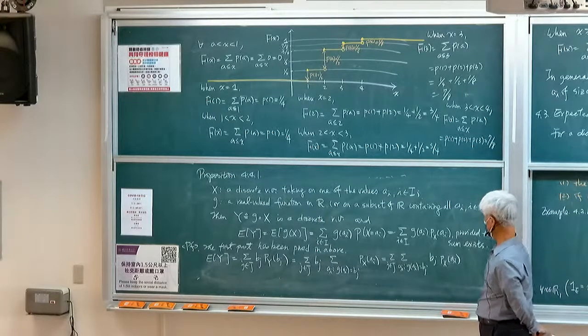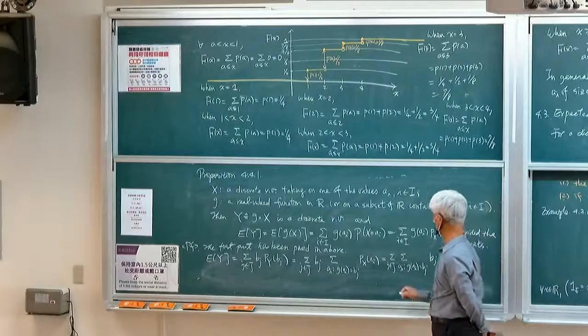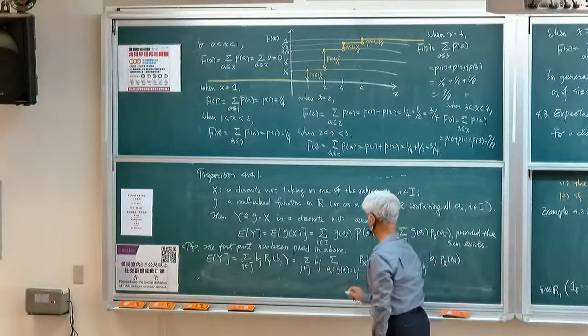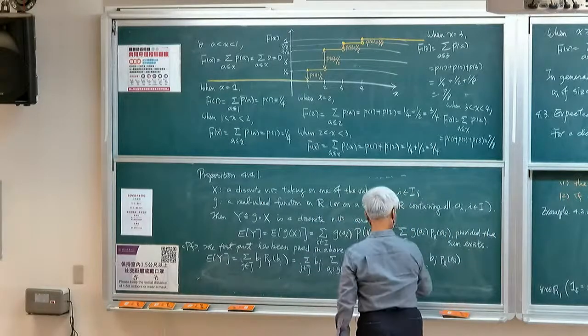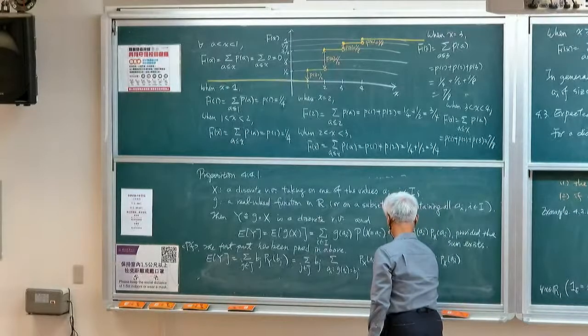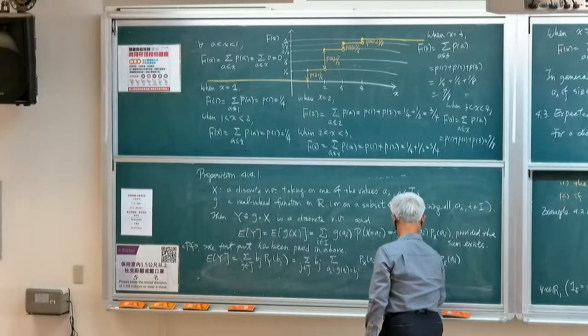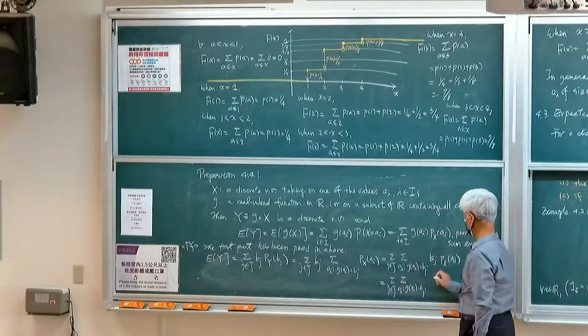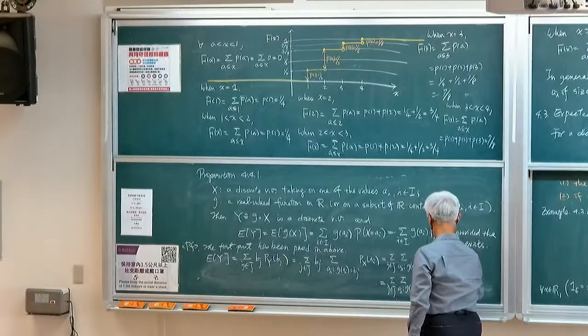In the double summation over AI such that G of AI equals Bj, Bj is actually G of AI, times P of X AI.